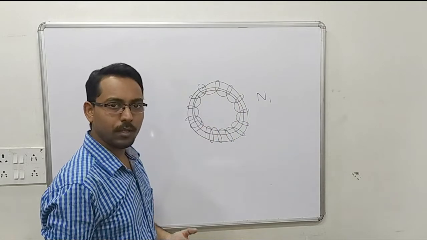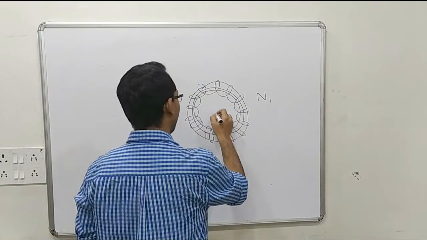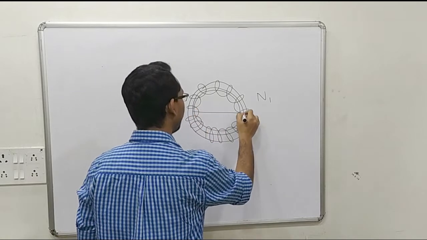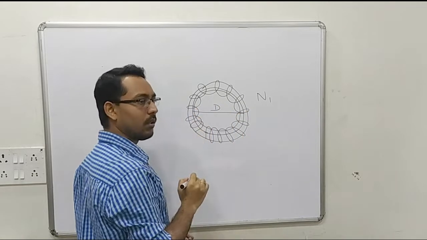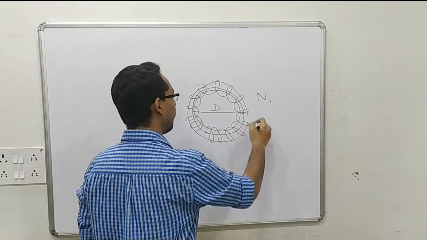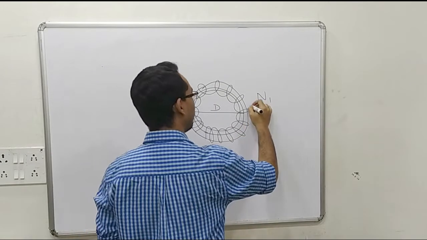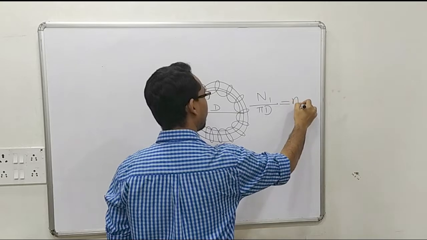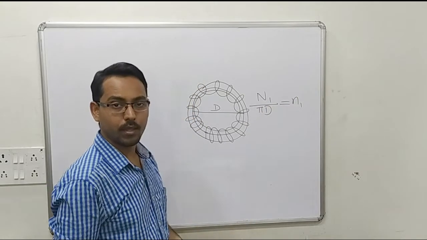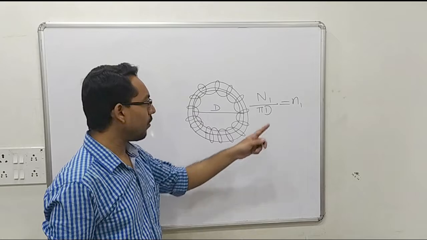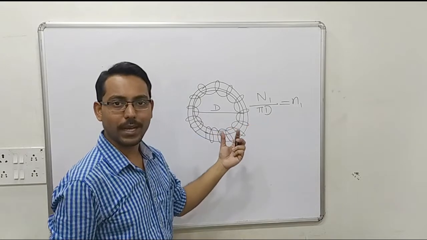So that's why we are using the mean circumference. If this mean diameter is d, then the mean circumference is pi d. Then N1 over pi d will be the number of turns per unit length of that toroid. And as you know, this term will be important in finding the magnetic field inside.